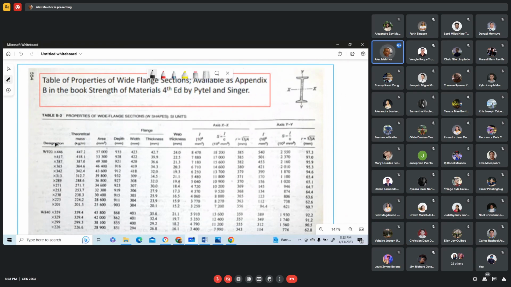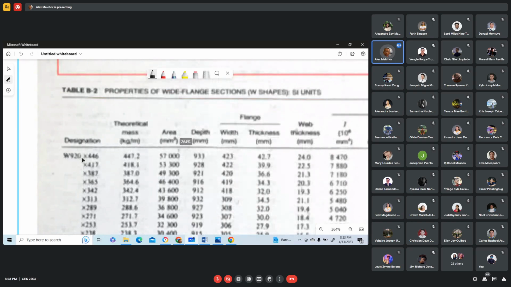So you see here in the first column we have the designation W. This is a wide flange section. W920 by 446.